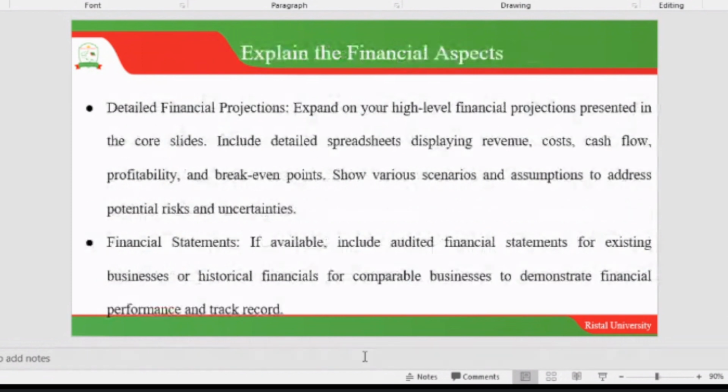Okay, so this demonstrates that you have a long-term vision and commitment to always improve and develop your product or service. Then you should also explain financial aspects, especially if you are pitching to investors who are venture capitalists in nature. So you expand your high level financial projections presented in the core slides by including detailed spreadsheets that display your revenue, how you plan to get money, or how you have been getting money. Is it through consultations? Is it through subscription to your application?